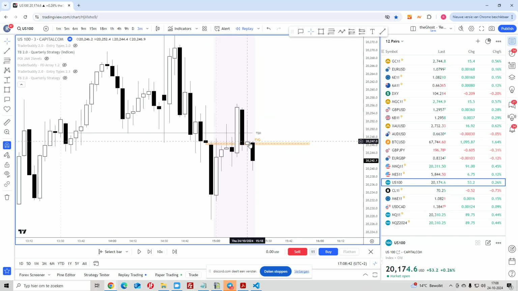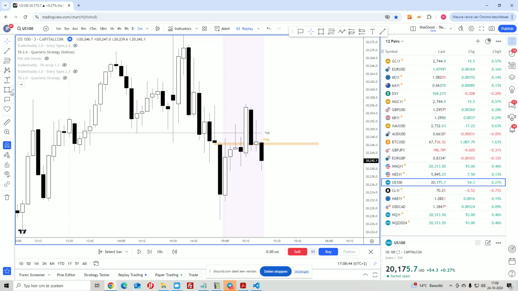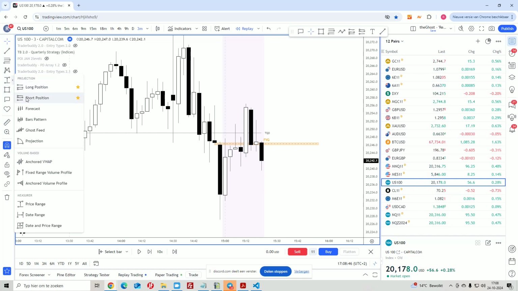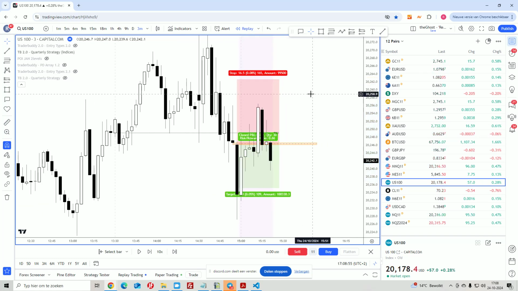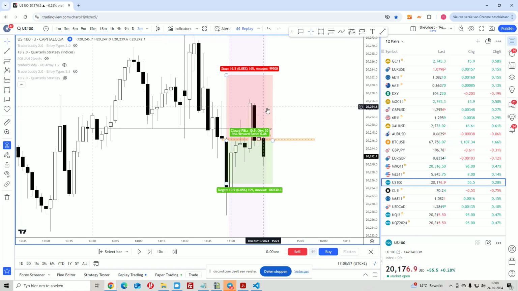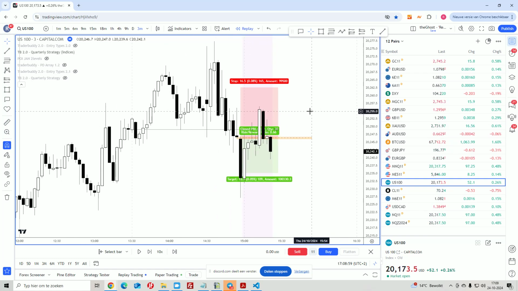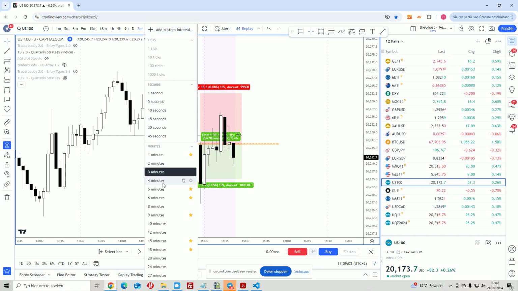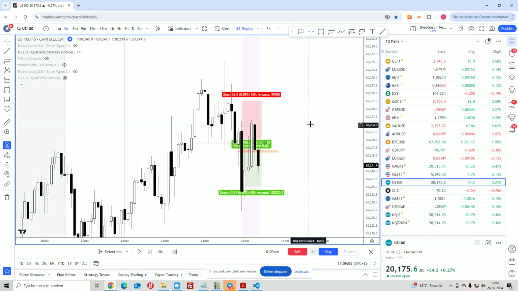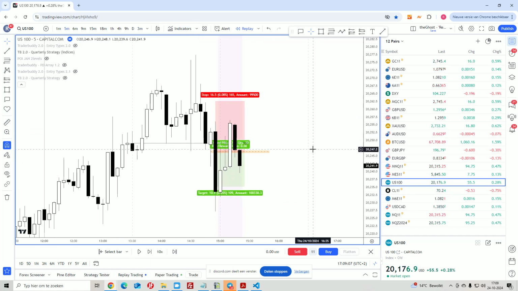So, if price trades back into this, then if you have a very tight stop loss, then you would have been taken out. If you take a little bit less risk, then it would have been going well. The entries on the 5 minute, let's check the entry on the 5 minute. We did not have a fair value gap on the 5 minute.